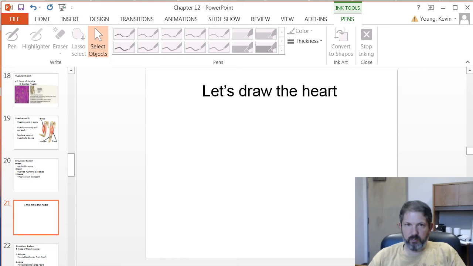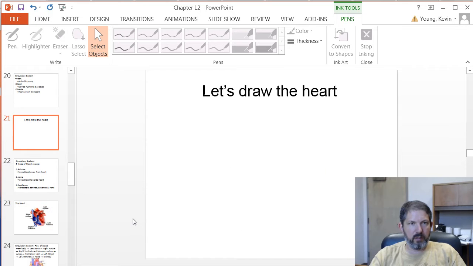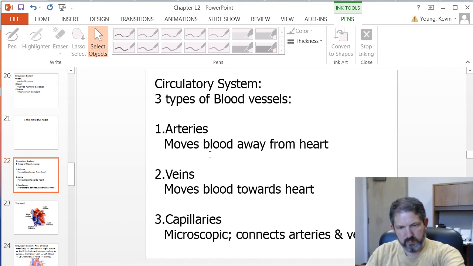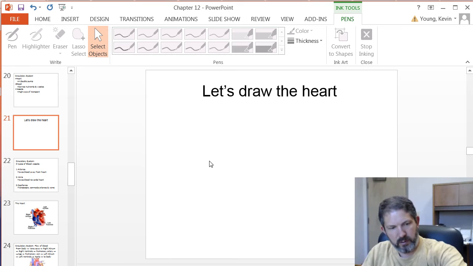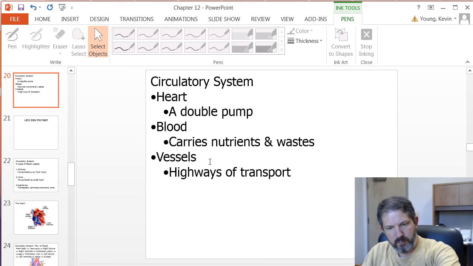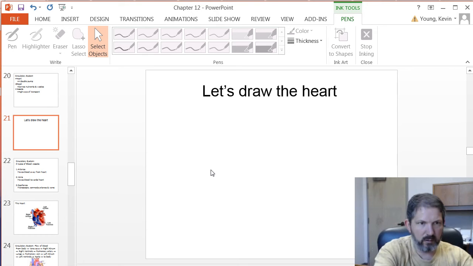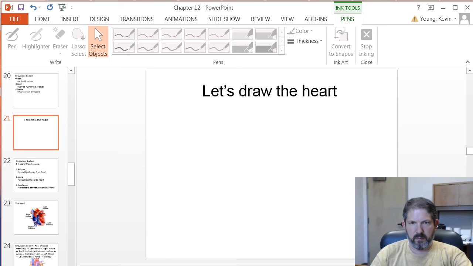I was going to walk you through the heart. I think I can only draw on here if I go to full screen. And if I go to full screen, I don't know if you'll see it anymore. Let me see if I can get it full screen. The program is being really weird today.